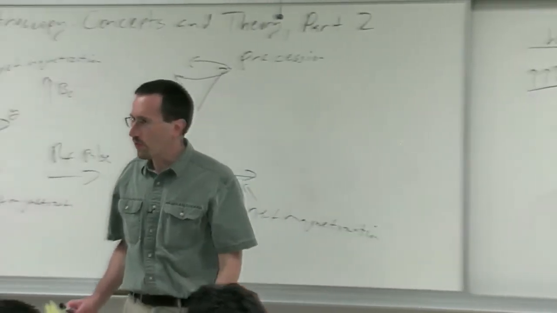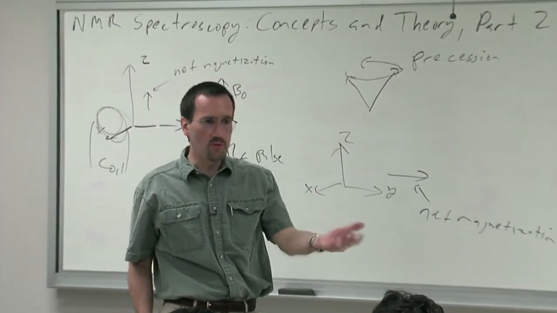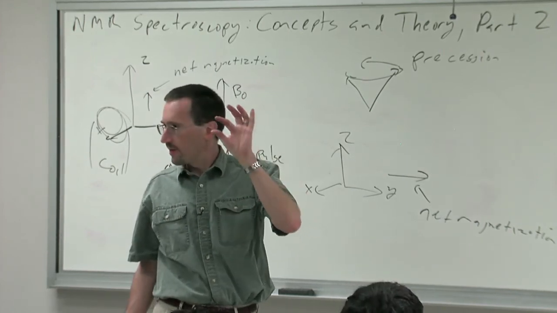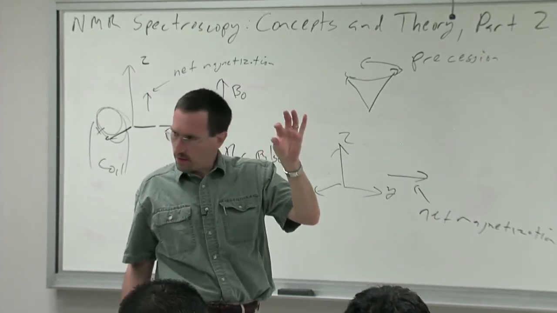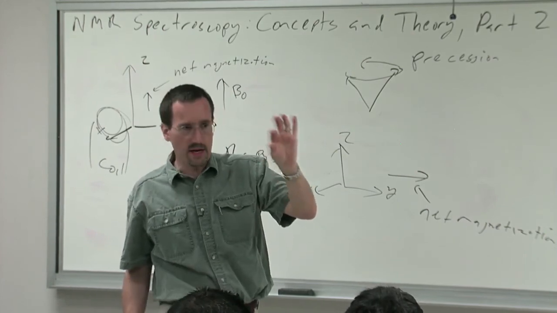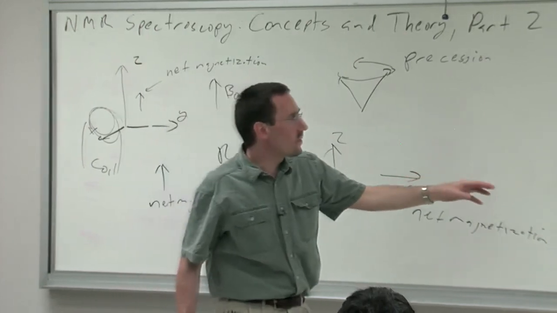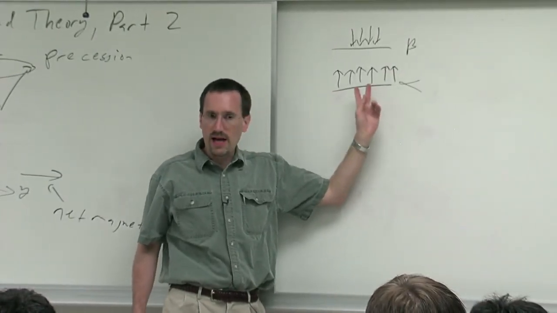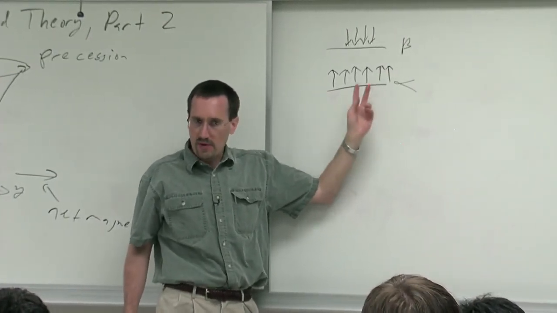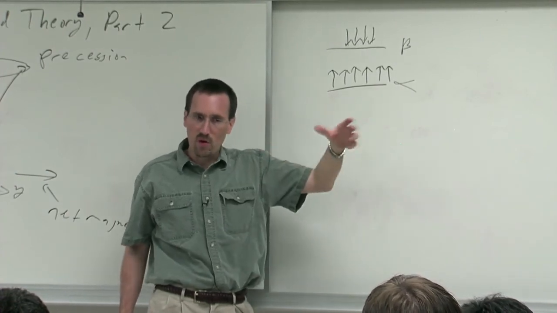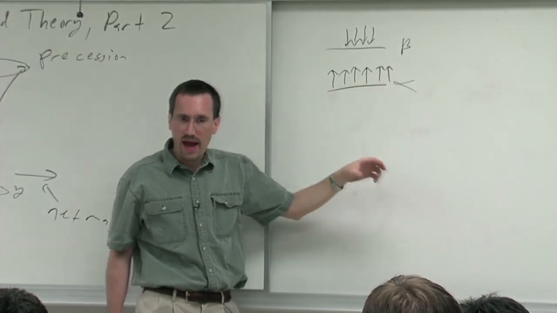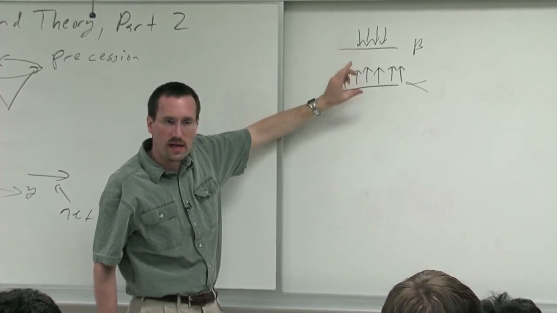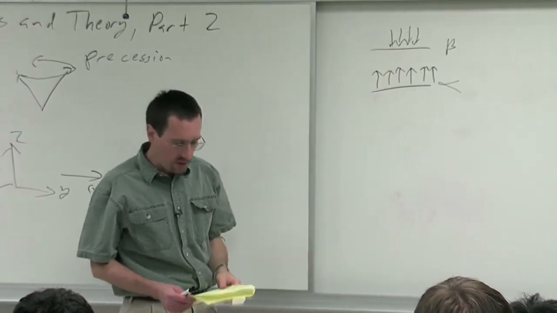So in other words, if we had a mole of, or more realistically, a millimole of CHCl3, protiochloroform, in our NMR tube, what this would represent would be the nuclei of the hydrogen there, and out of that millimole of nuclei we would have a small excess in the alpha state, and they would all be precessing.